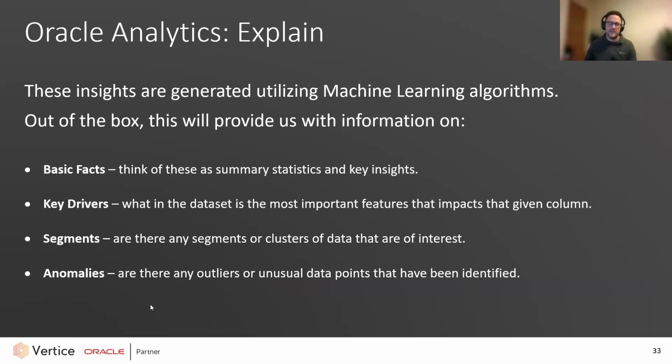It gives us some basic stats. Think of these as summary statistics or key insights. It has some key drivers. So what are the most important features of that column? It also shows any segments or clusters that appear of interest, or any anomalies. These are your outliers, the edge cases of what might be interesting. And all of these things feed potentially into our data story.